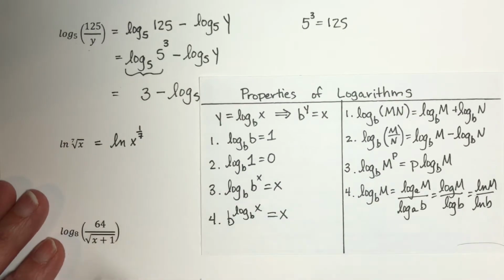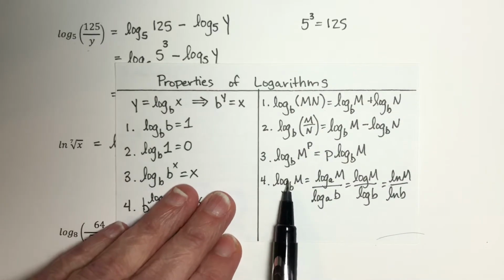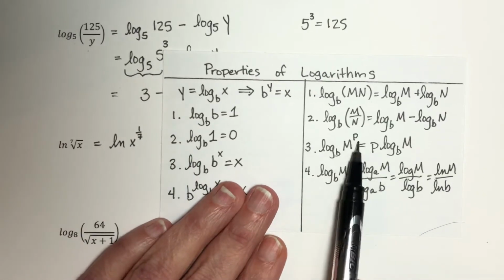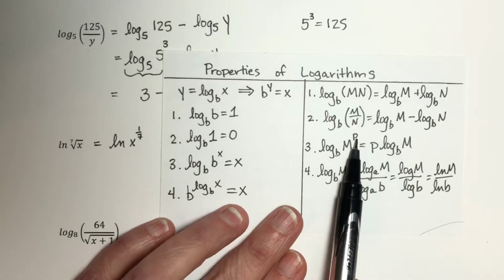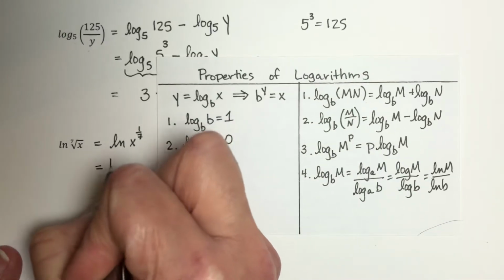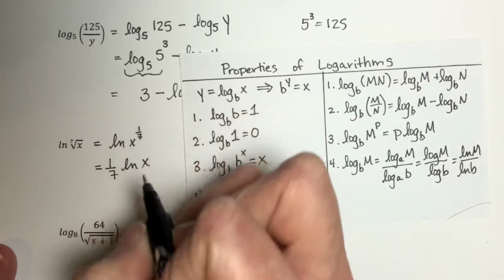Now, when we're being asked to expand things as much as possible, we're starting on this side of our properties and going to this side. So right now my argument has an exponent on it. So I want to take this exponent and move it down to the front. This is the same thing as 1/7 times natural log of x.